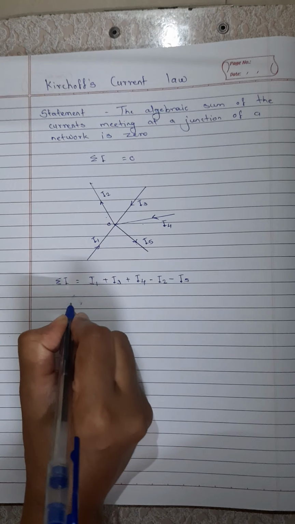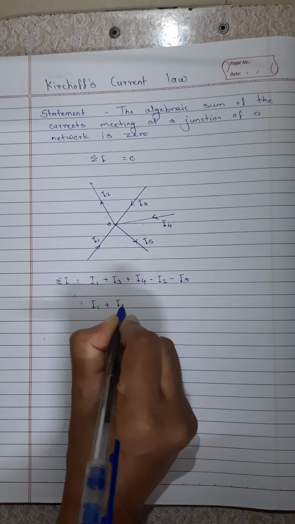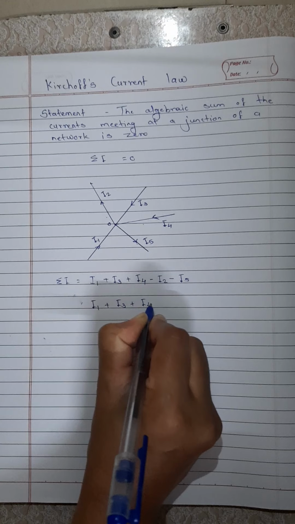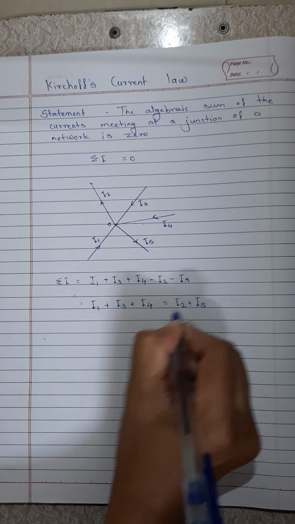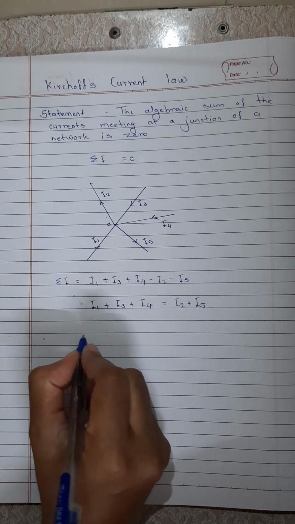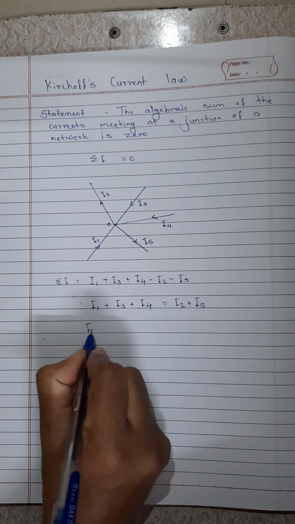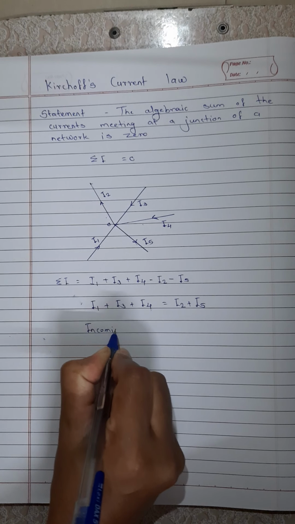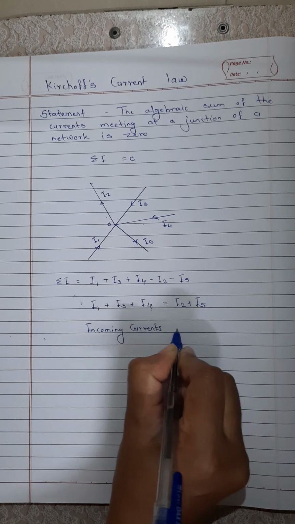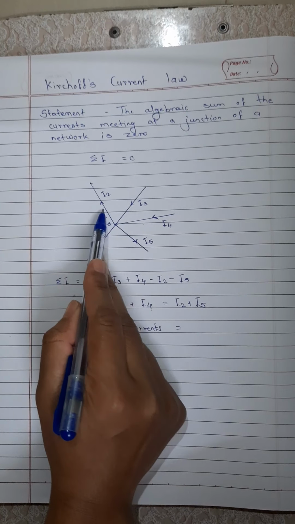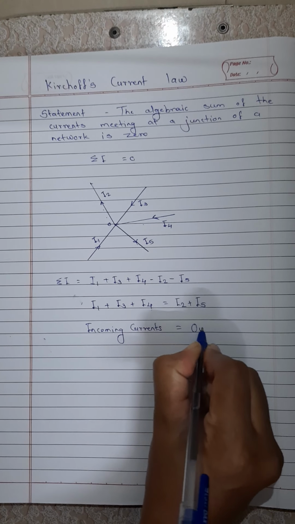Then we can write I1 plus I3 plus I4 is equal to I2 plus I5. Therefore I1, I3 and I4 are incoming currents, and I2 and I5 are outgoing currents.